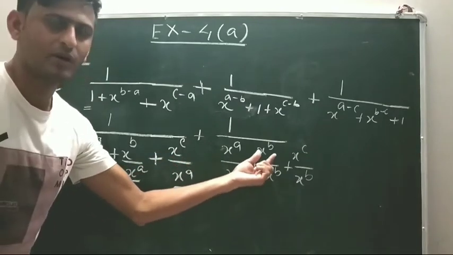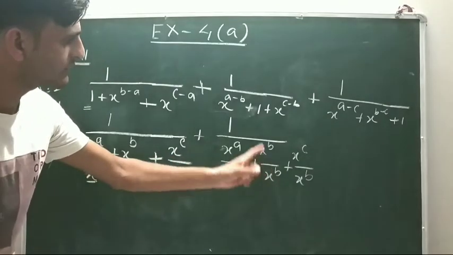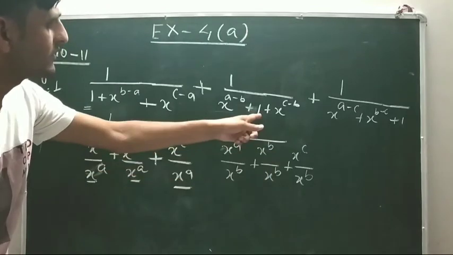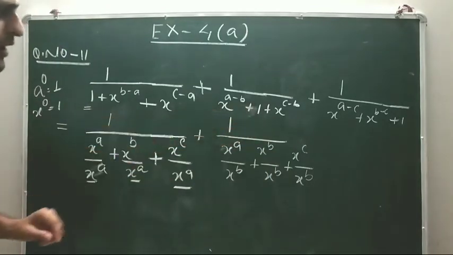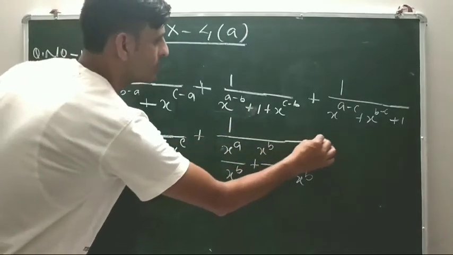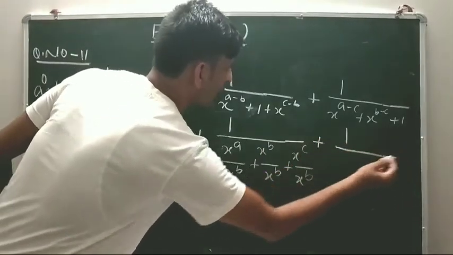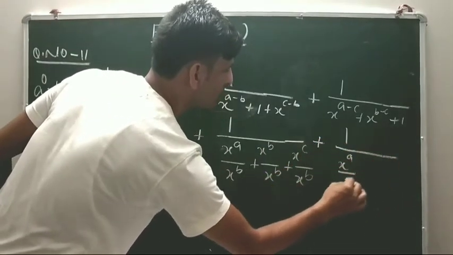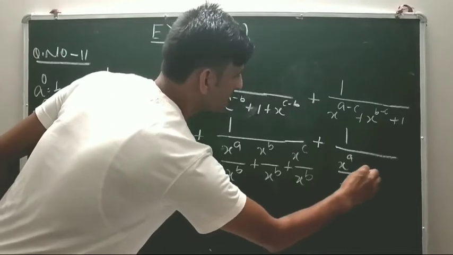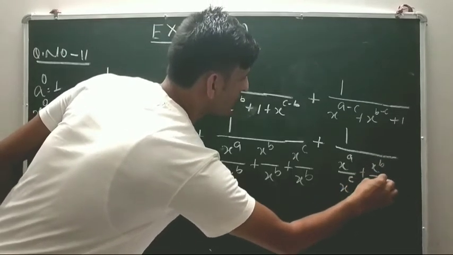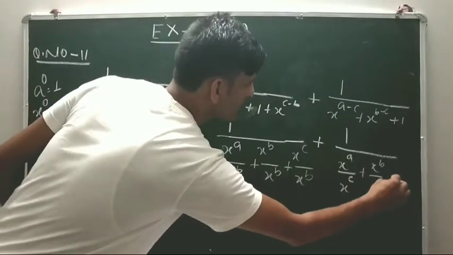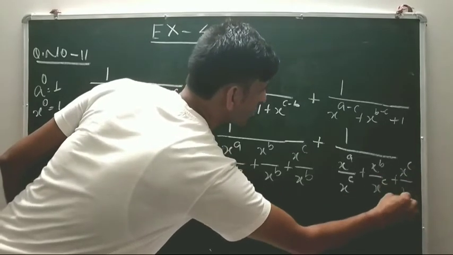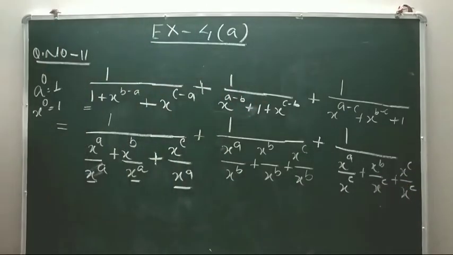Why did I write x to the power b, x to the power b? If you subtract it, b minus b is 0, this will be x to the power 0 equal to 1. In the third part of this problem, look, 1 by, again, x to the power a divided by x to the power c plus x to the power b divided by x to the power c, and here it is x to the power c divided by x to the power c. So in this way we can write.